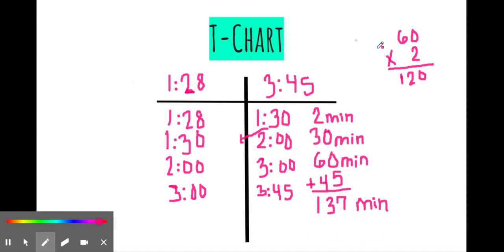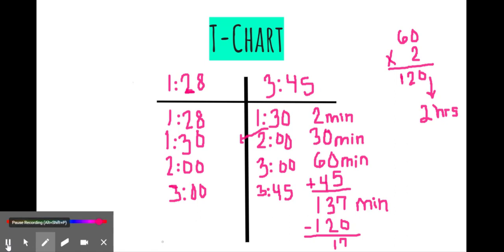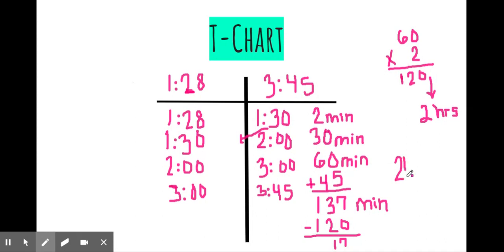We have 60 times 2, and that's where we got that from. So we can subtract 120 from 137, and we are left with 17 minutes. So we have 2 hours and 17 minutes. That's how long it took her to get to work.